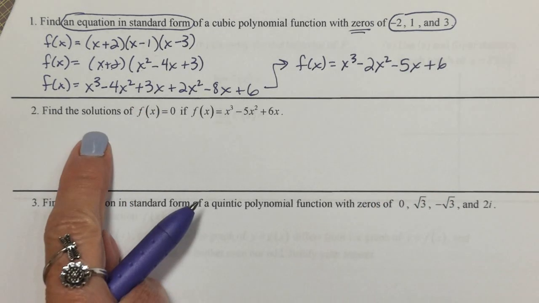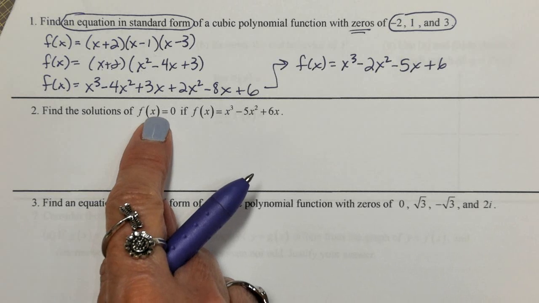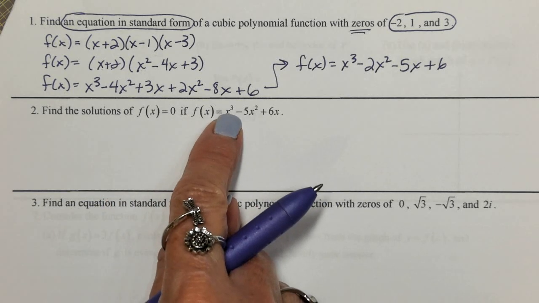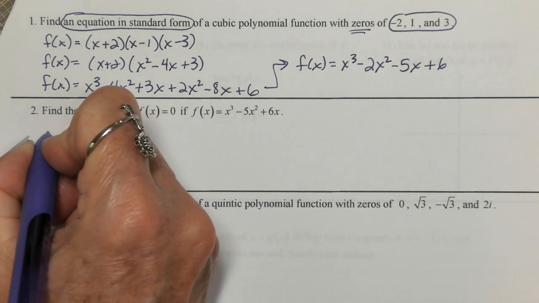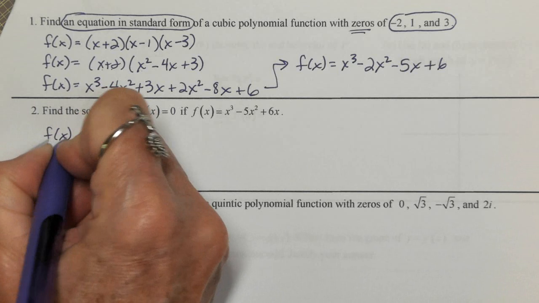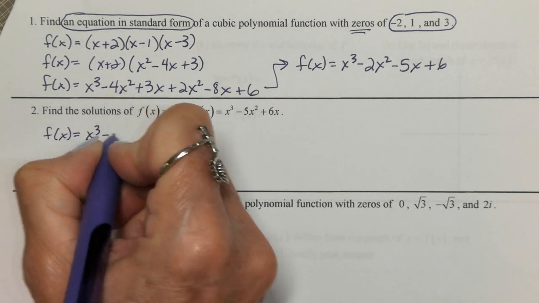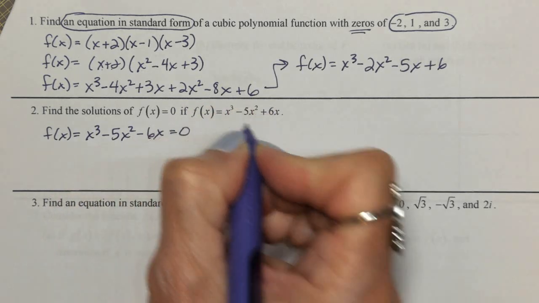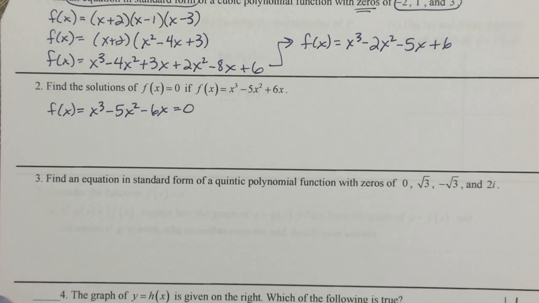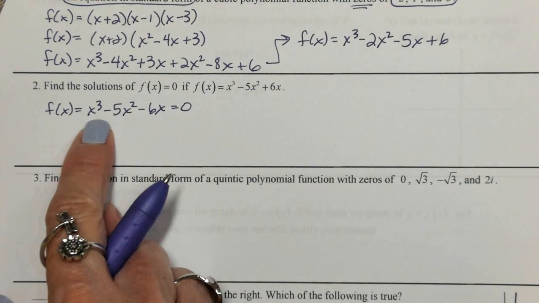Let's find the solutions of this equation. They're asking me, in essence, to find the zeros of this function. So I'm going to take my f of x and set it equal to 0 because they told me to. All right, let's see if we can factor this.